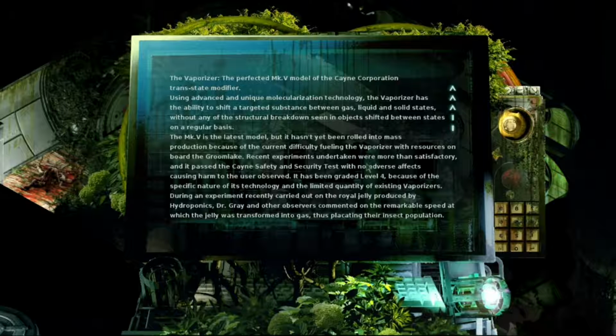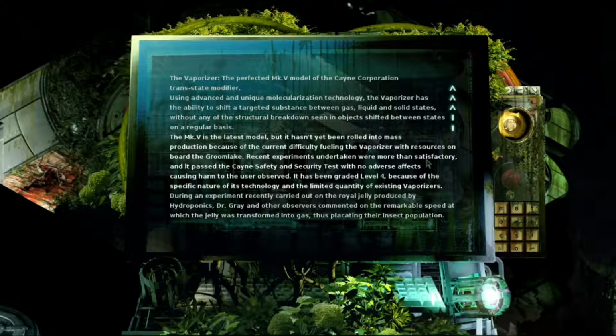Okay. The MKV is the latest model, but it hasn't yet been rolled into mass production because of the current difficulty fueling the vaporizer with resources on board of the ground lake. Recent experiments undertaken were more than satisfactory, and it passed the Kane safety and security test with no adverse effects causing harm to the user observed.